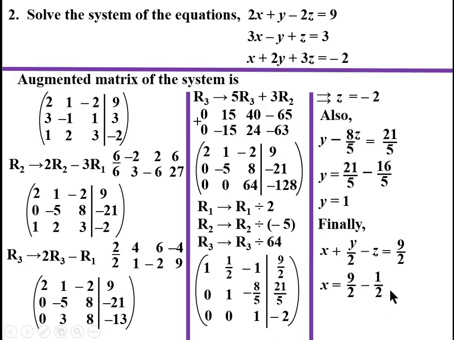This is minus z, so at the other side it is plus z, and since z is negative 2, that will be minus 2. So 9 over 2 is 4.5. 4.5 minus half is 4. 4 minus 2 gives 2. So x is equal to 2, which brings the solution of this problem to an end.